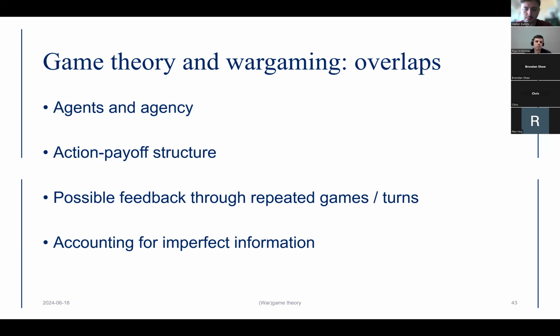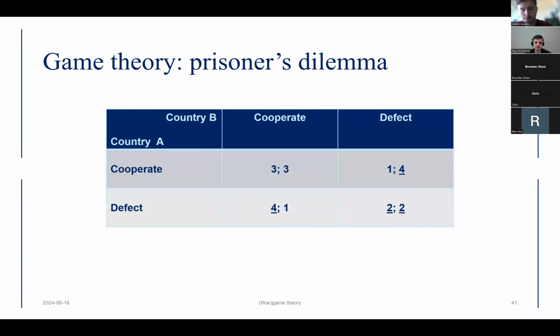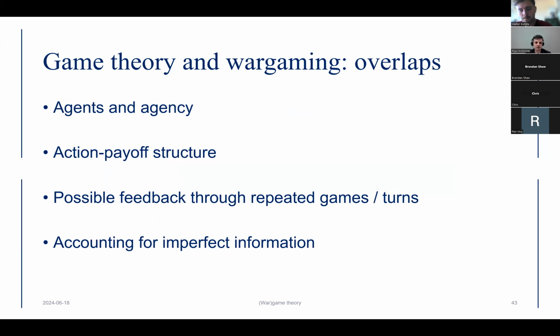What's very common to wargaming is an action payoff structure. So players or agents in the game theory model take actions and they get a payoff from that. And that payoff can also be affected, of course, by other players involved. If you use repeated games, similarly to what a turn can do, you can get feedback to the players so that they can escape from prisoner's dilemma situations where both players get non-optimal outcomes.